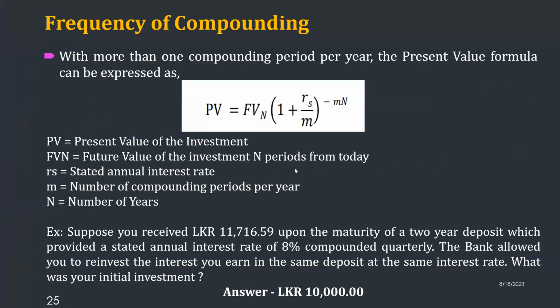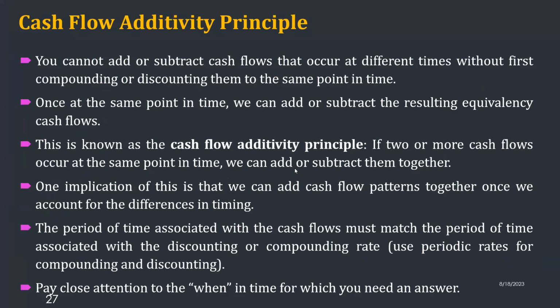Yeah. Then we have calculated that. And the next one is the cash additivity principle. So under this cash additivity principle, it says that you cannot add or subtract cash flows that occurred at different times without compounding or discounting them to the same time period. Right?